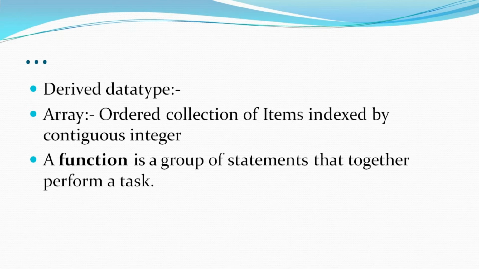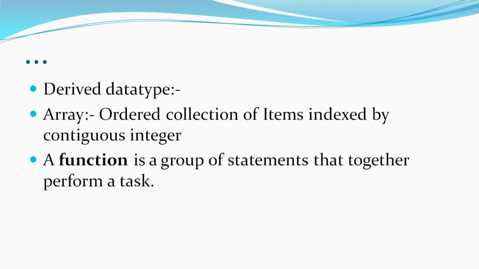Okay. The second derived data type is a function. What is a function? We are all talking about using functions, but what exactly is a function? A function is a group of statements that together performs a task. As simple as that. In the last tutorial, when we were programming using class, we defined two functions, if you remember: void get data and void display.